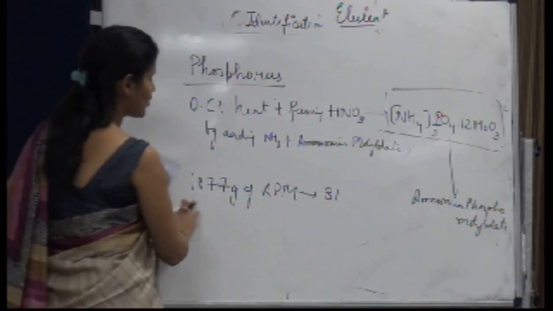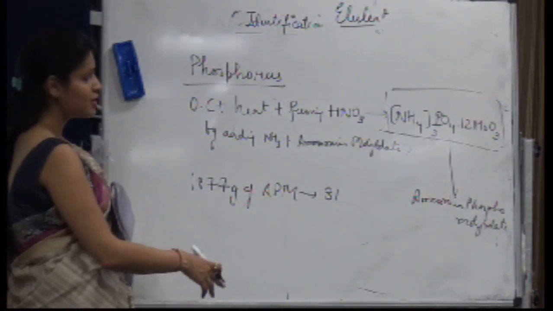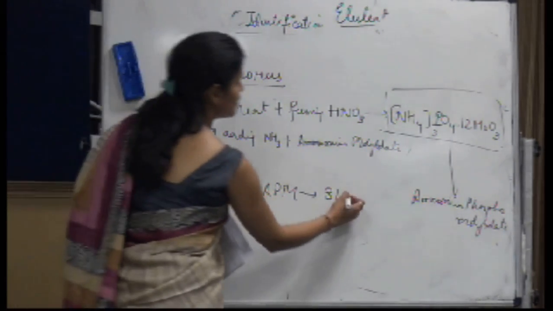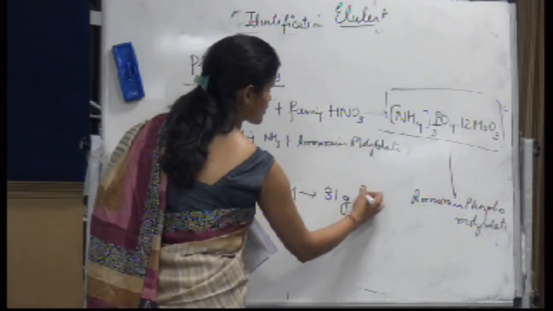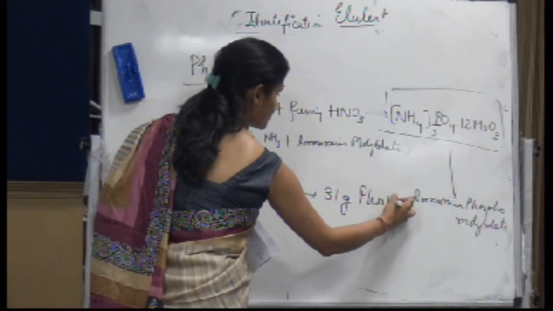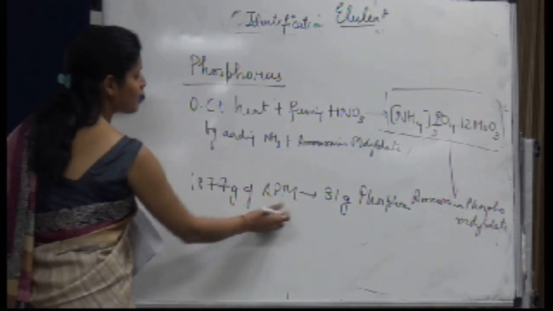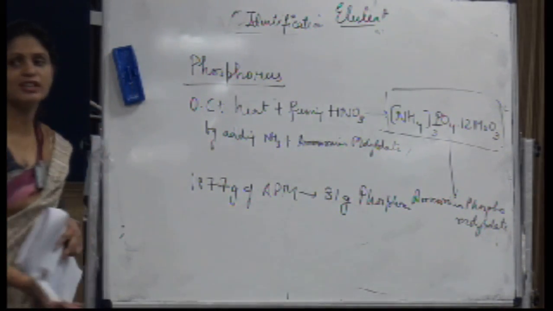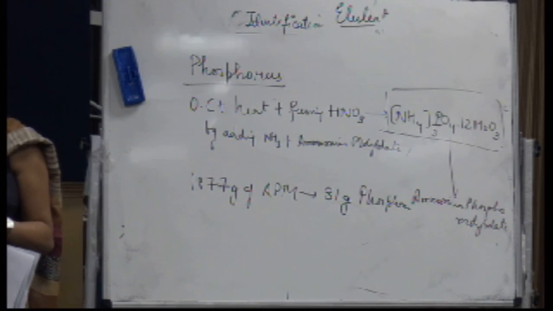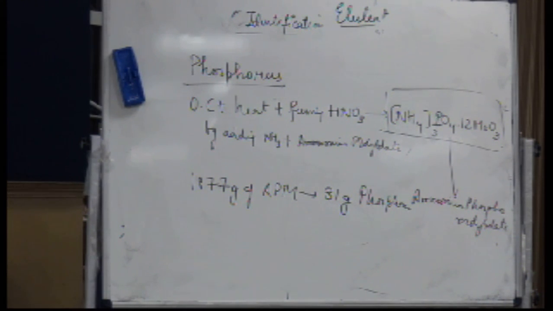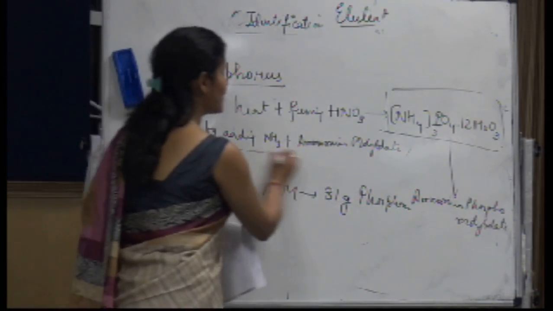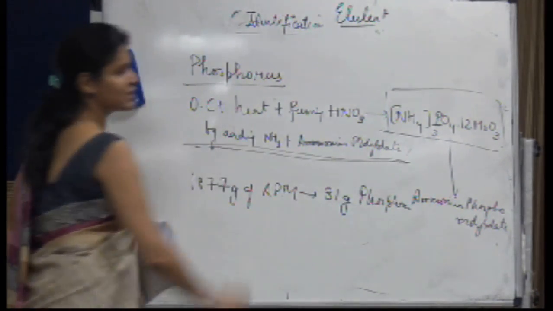So 1877 grams of ammonium phosphomolybdate gives 31 grams of phosphorus, right? So if I am given any amount of ammonium phosphomolybdate, I can find out the amount of phosphorus and hence the percentage of phosphorus. This is the way: you will add ammonia and ammonium molybdate.